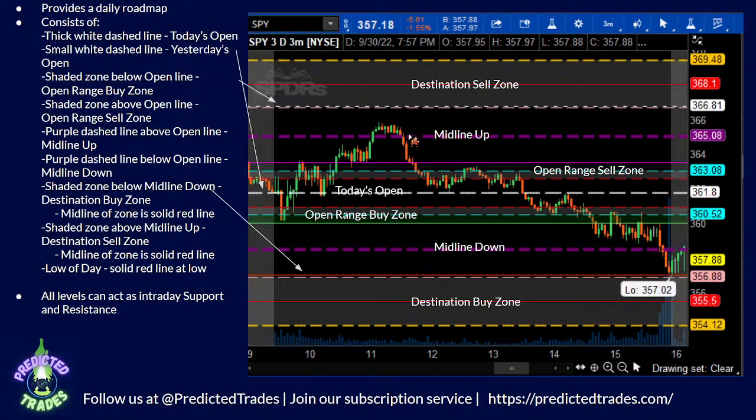There are many times that we fall back to this open range sell zone, and if it's a bullish day and we can continue, we bounce there or at our open level, thus confirming we have spent the majority of our day over open. A lot of times we can bounce at that sell zone or that open level to continue up to our destination sell zone.